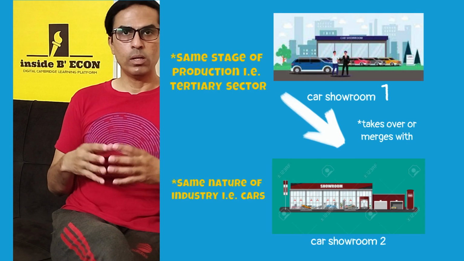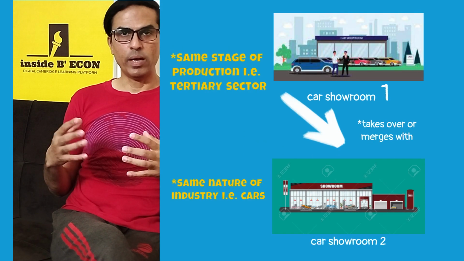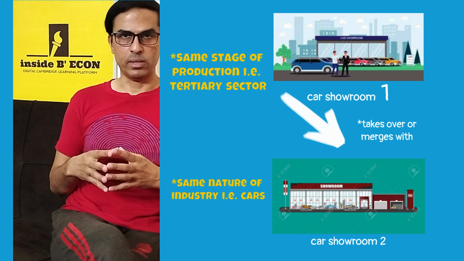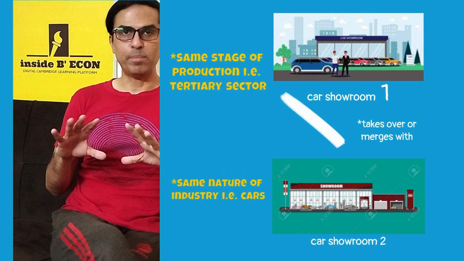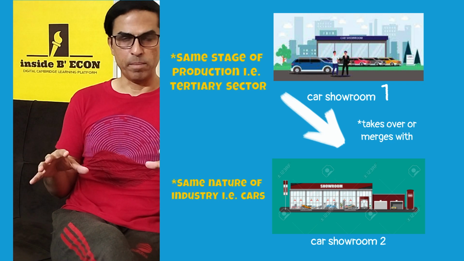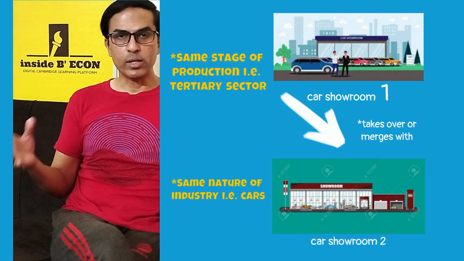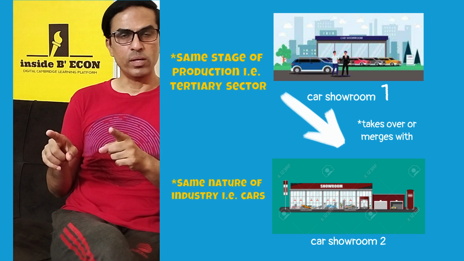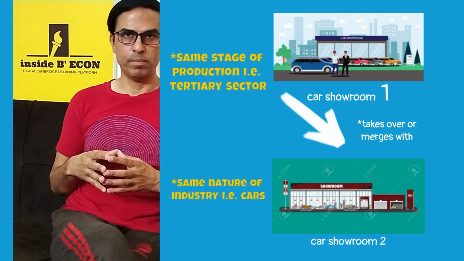Similarly, if a car showroom takes over another car showroom, again both operate in the tertiary sector, so their stage of production is the same and their product is also the same because both deal in cars, so their nature of industry is also the same.